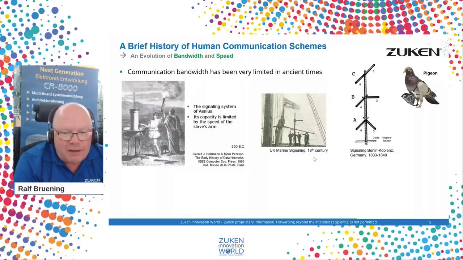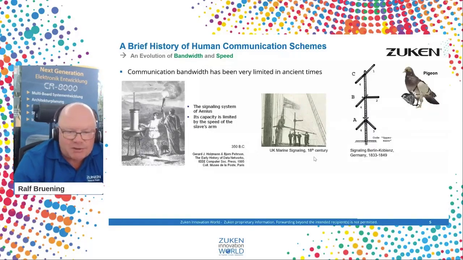Then 200 years ago we had somewhat more modern signaling schemes, like transmitting information from ship to ship, driven by marine applications, or a signaling scheme in place in Germany between Berlin and Koblenz, which was able to transmit a telegram within 20 minutes from Berlin to Koblenz.